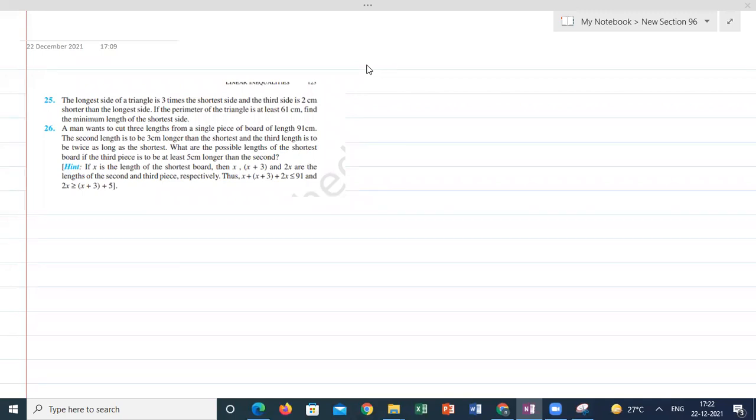If the perimeter of the triangle is at least 61, that means greater than or equal to. Just frame the equation first.